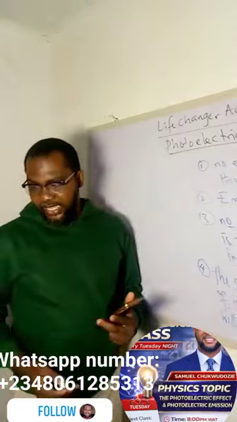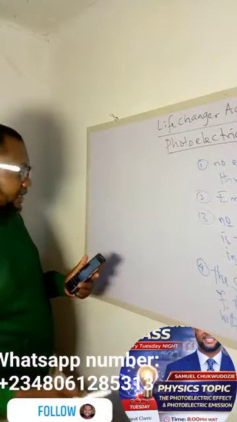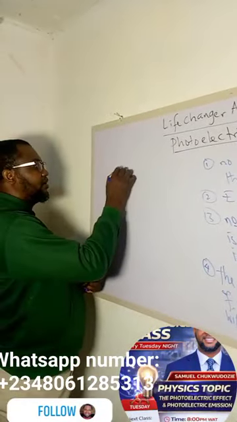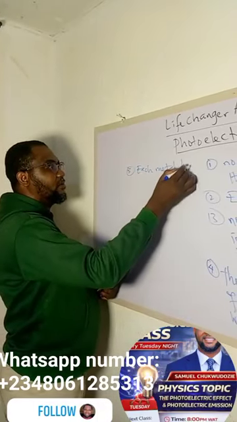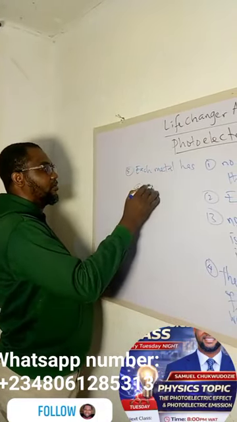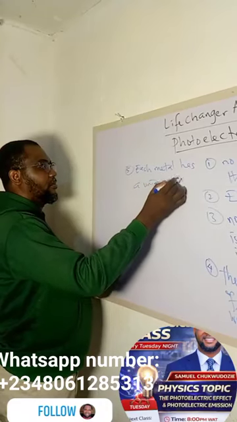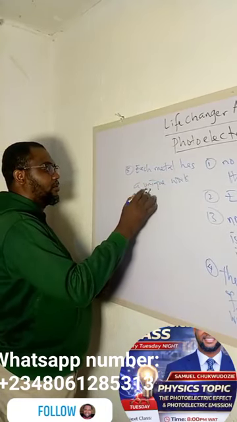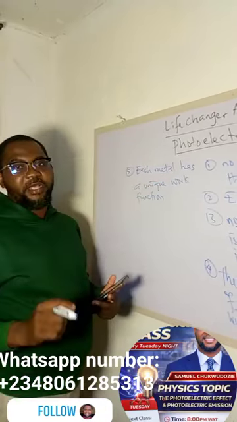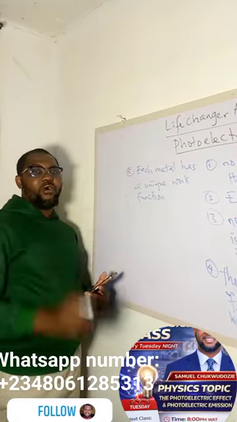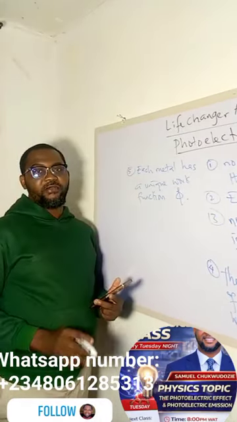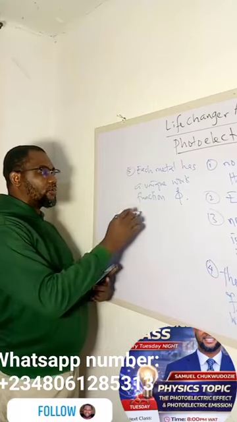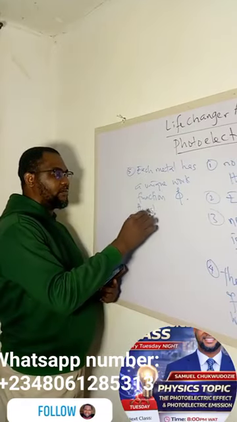Now another thing I want to say is that each metal has a unique work function. Every metal has its own work function, and every metal also has its threshold frequency.